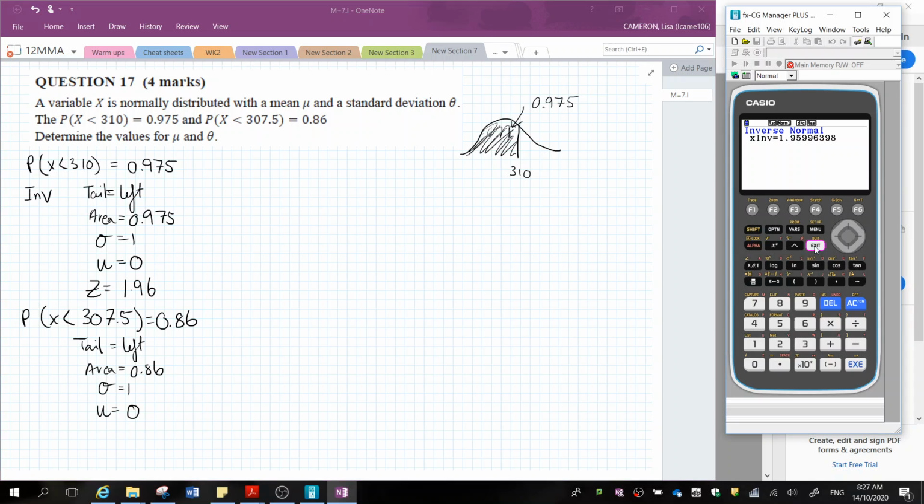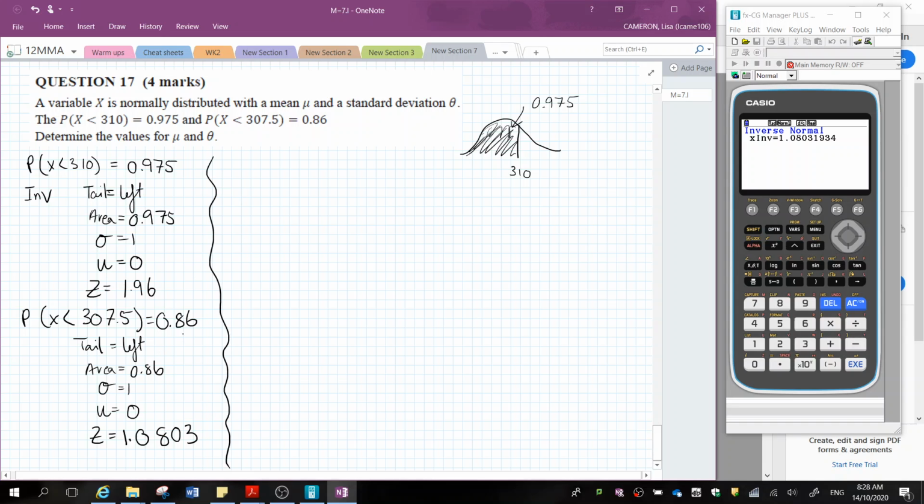Okay, so let's find our z-score for that. So 0.86. Okay, so now we've got that our z-score is equal to 1.0803.